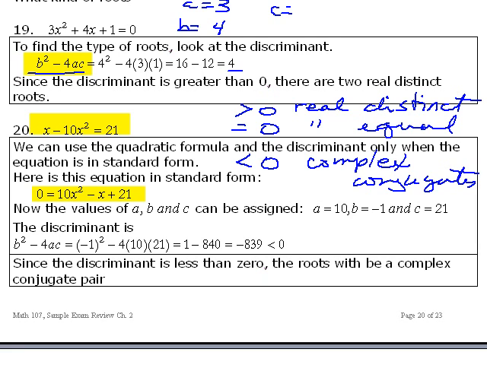Now you can identify a, b, c. A is what multiplies the x squared term, that's 10. B is what multiplies the x, that will be a minus 1. C is the constant term, 21. Substitute that into your discriminant and you find out that it's minus 839. It's less than 0. If it's less than 0, the roots are a complex conjugate pair.